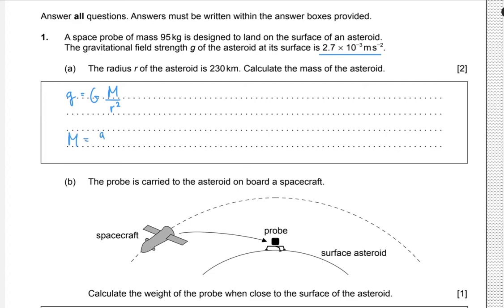Since we know the gravitational field strength and we know the radius, and as I said, G is just a constant, so if we plug in all the values, then we will find that the mass is 2.1 times 10 to the 18.